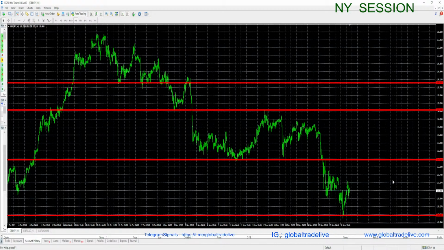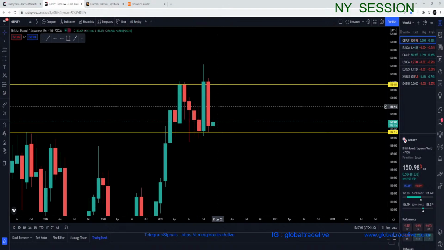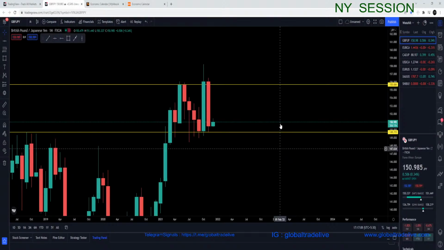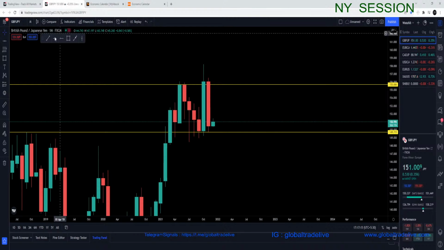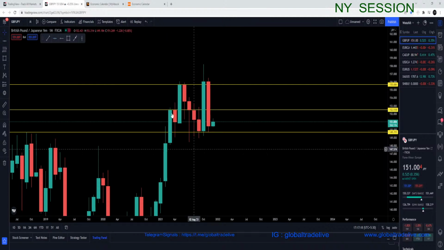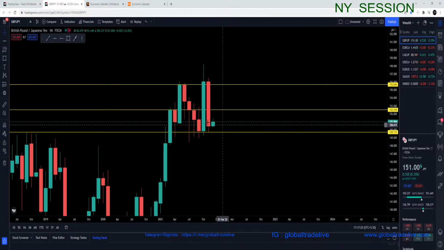So what moves can we expect over here? I think we can expect a move towards this level, which is 152.424. So the market can go up to this area, test it, and then move all the way down.